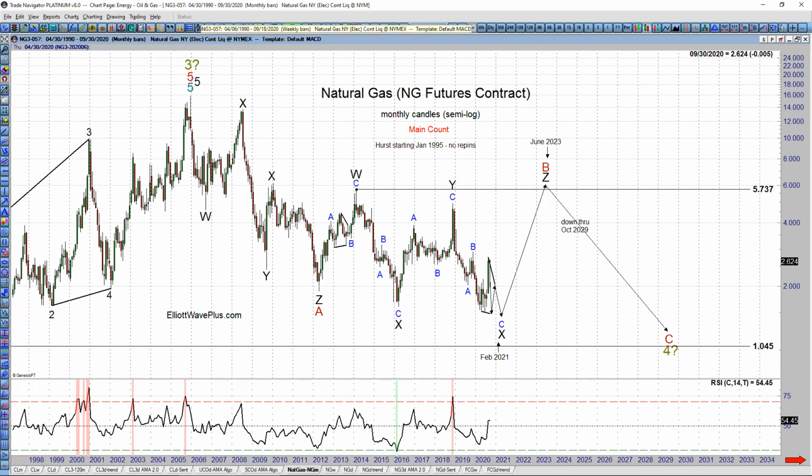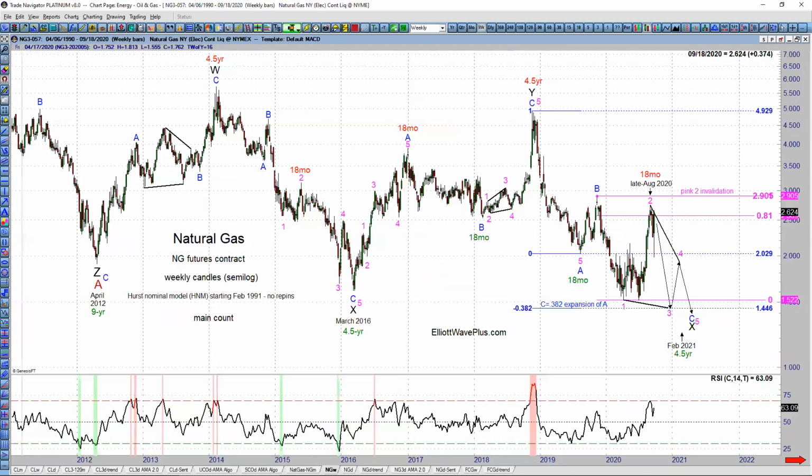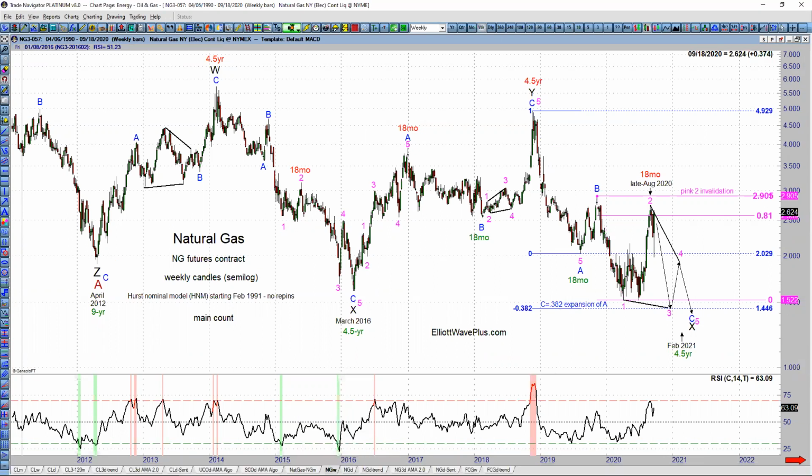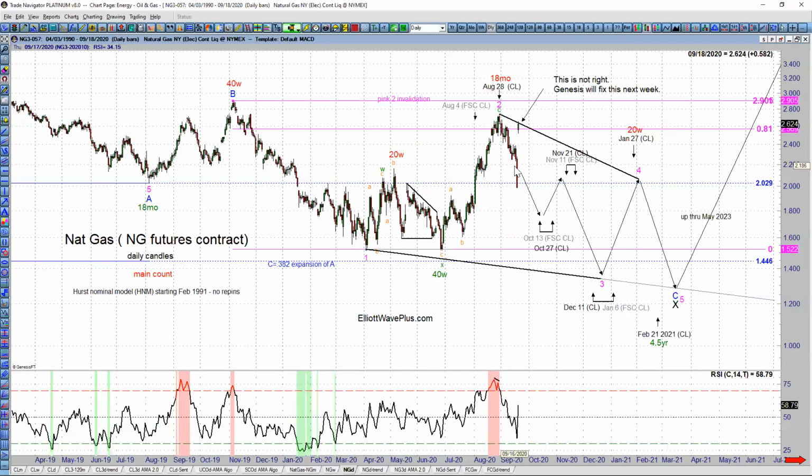Natural gas. Okay, here's the thing though. This candle here on natural gas right here is bogus.